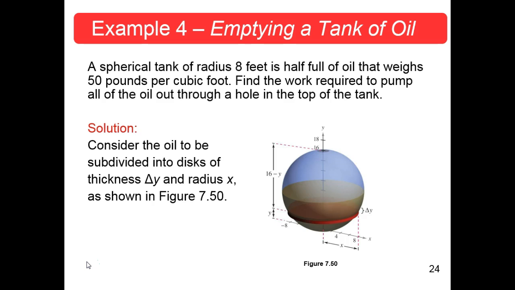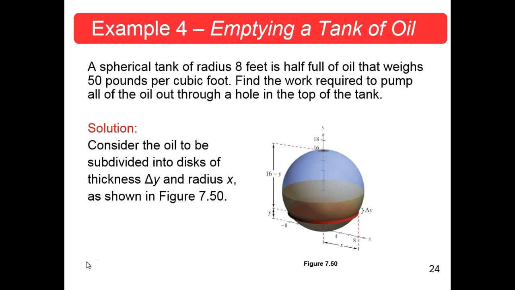If it's leading to dy, we know we're pumping oil out from 0 to 8. So any strip here, delta y, is going to define a little cylinder of oil, and the radius is a variable radius, so we're going to have to fiddle with that. The radius is going to be your x variable, but we're doing dy, so we need to get that x in terms of y.